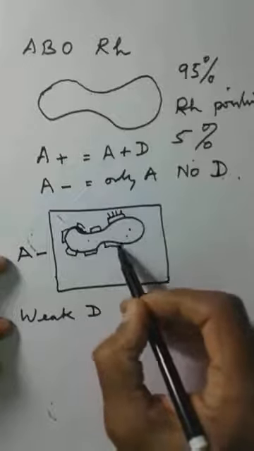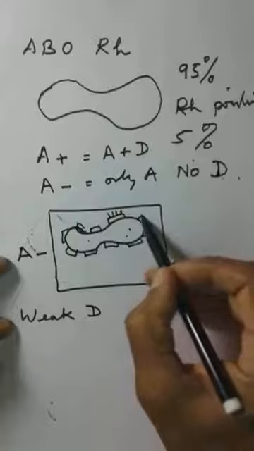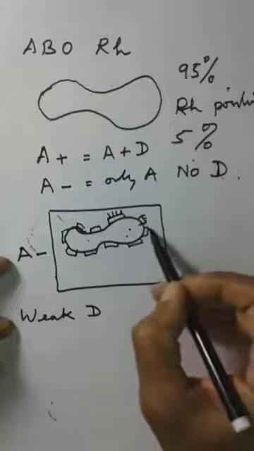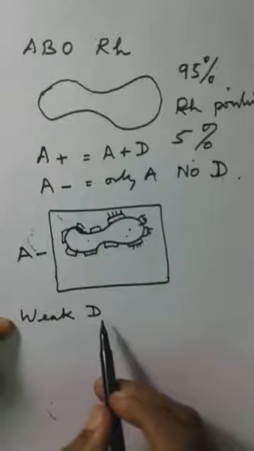Lesser numbers of D. And that blood is called weak D blood.